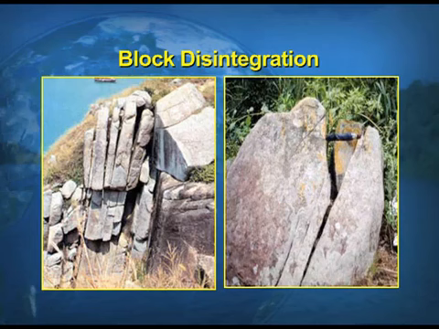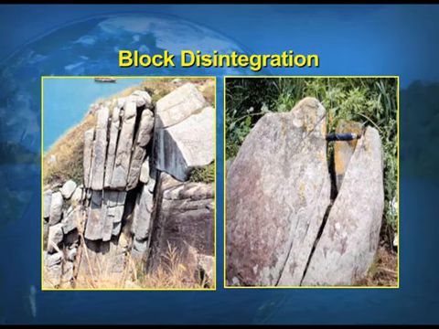So, this results in block disintegration, and this block disintegration is because of the differential heating of the rocks, which results in the expansion and contraction of the rocks. Expansion is due to the excessive heating; the rocks contract due to less heat. So, when this process takes place repeatedly, then there is block disintegration.